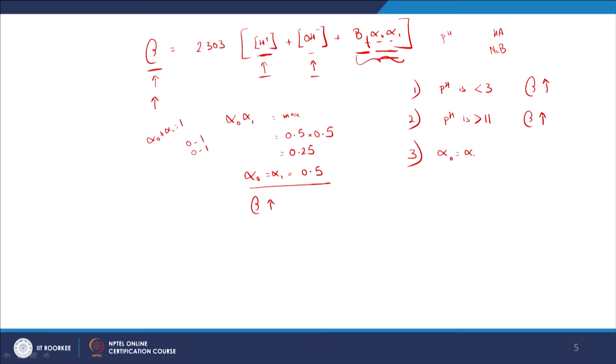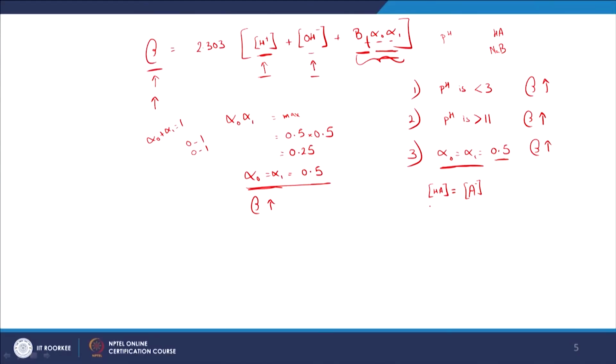We will try to understand that now. The buffer intensity is going to be high. Again, what is this about? We know that ionization fractions give you an idea about the concentrations of the relevant acid and the base, the protonated and the deprotonated forms. When alpha naught and alpha 1 are equal to 0.5, it means that the concentration of your protonated form is equal to the concentration of your deprotonated form. So obviously it makes sense.